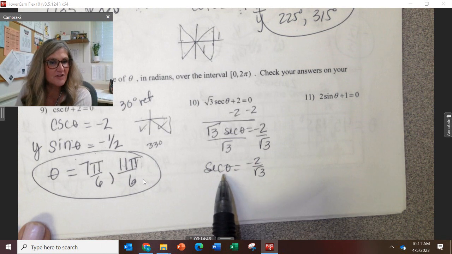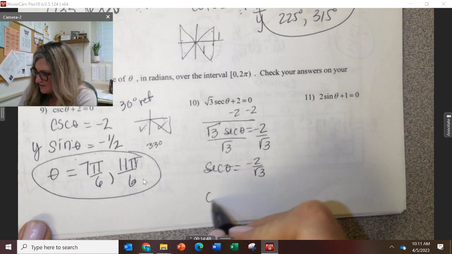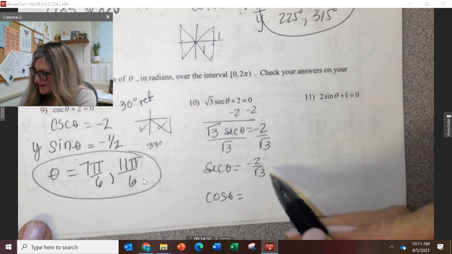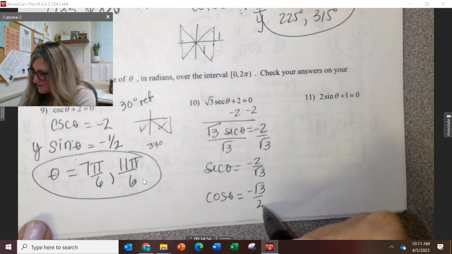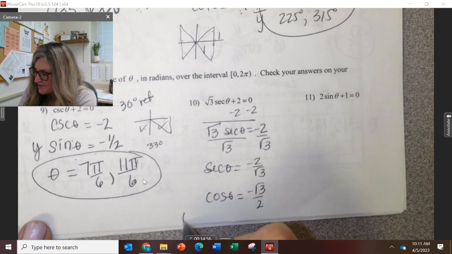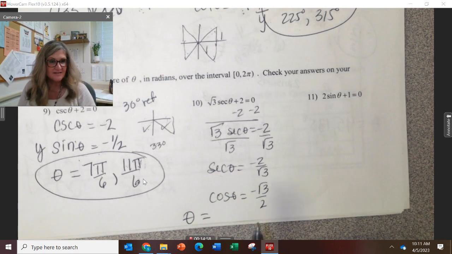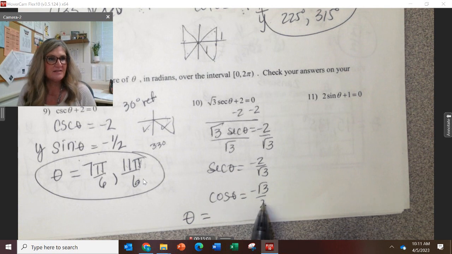What's the reciprocal function for secant? So I'm going to switch this to cosine. If I take this and make it cosine, I flip it all over. Okay, now find those angles in radians. Okay, this is the last one we're going to do. Find those angles in radians.